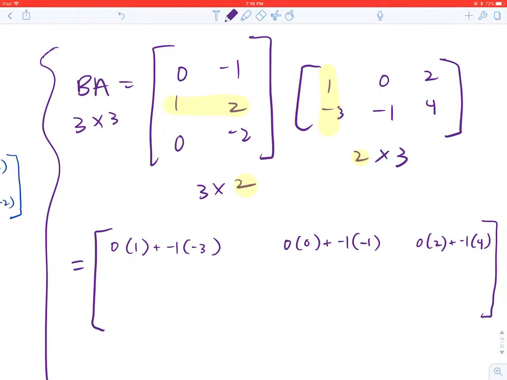Okay, moving down to row 2 and then column 1. Row 2 by column 2. Row 2 by column 3.